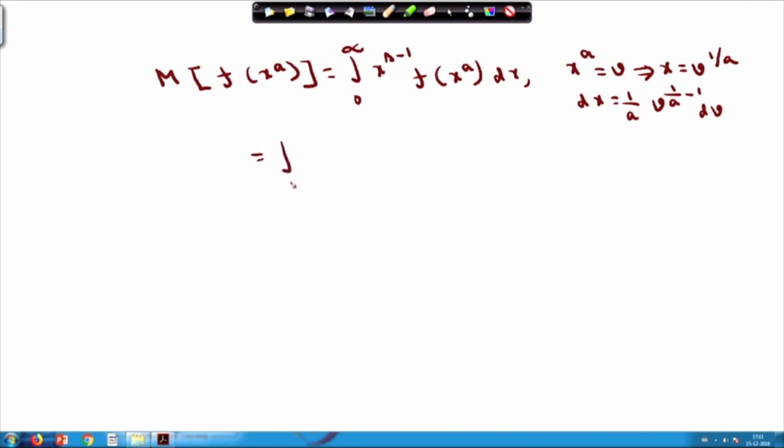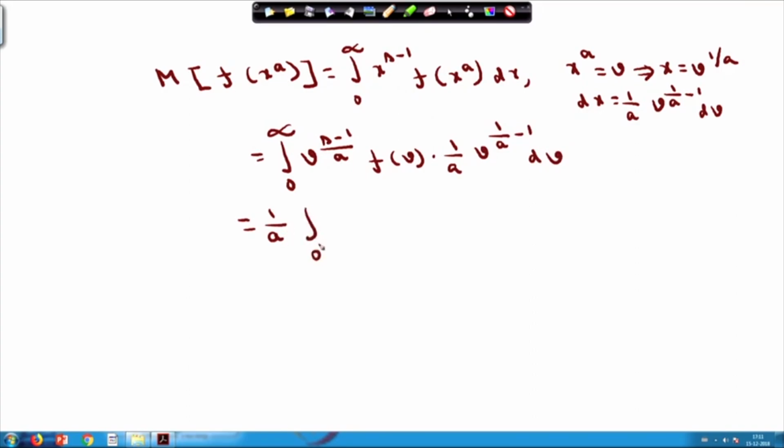If I substitute it here, this is nothing but the integral from 0 to infinity of v to the power (s minus 1) by a into f of v into 1 by a v to the power 1 by a minus 1 dv. This equals 1 by a, which can come outside.